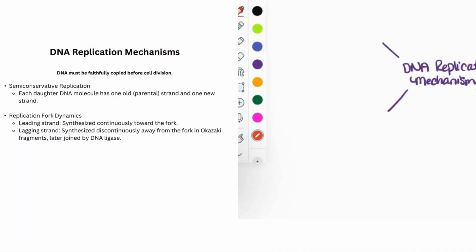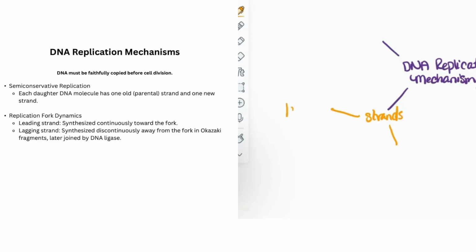Our next branch, we are going to tackle the strands. And from here, we have two branching out. We have the lagging strand and leading strand. With the lagging, you will have to remember that it's synthesized discontinuously.